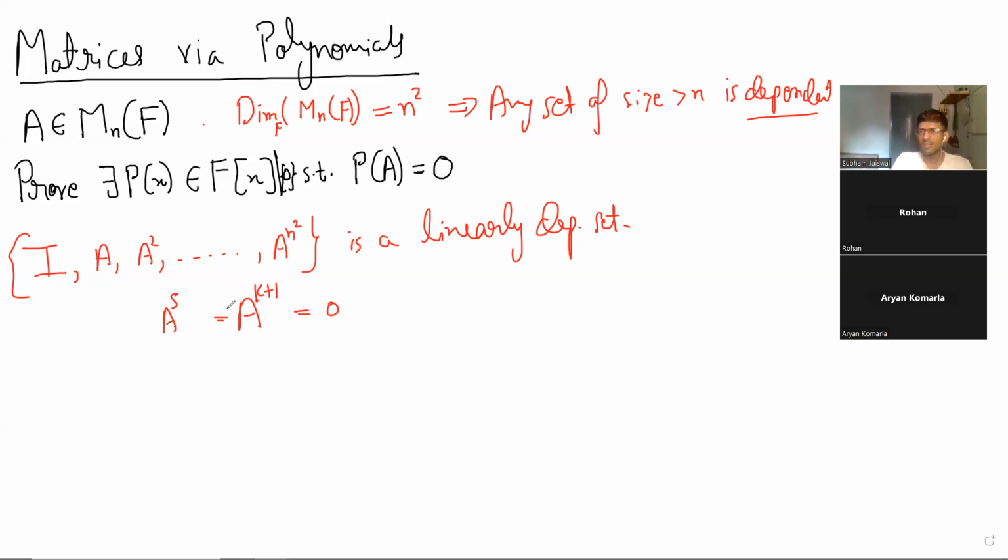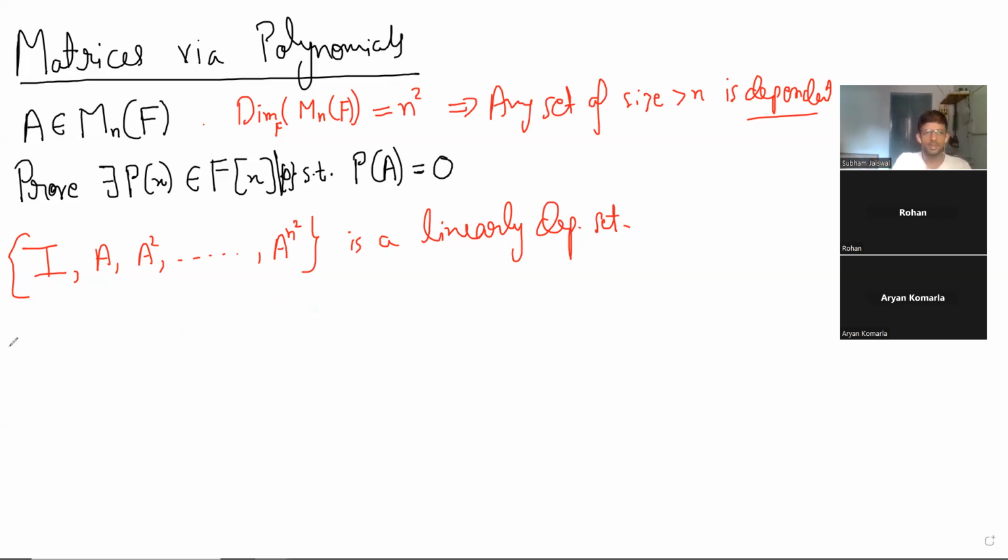But in that case, you already have a polynomial relation, right? x to the power k plus 1 equal to x to the power s is a polynomial that will work. So you will get a polynomial. Yes, you are right, that case needs to be considered, otherwise the proof is wrong.